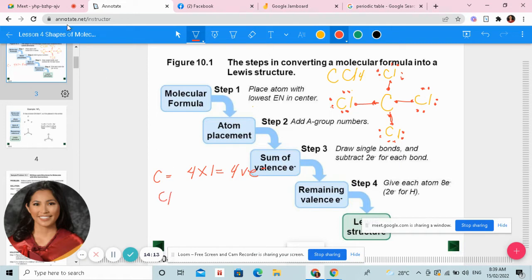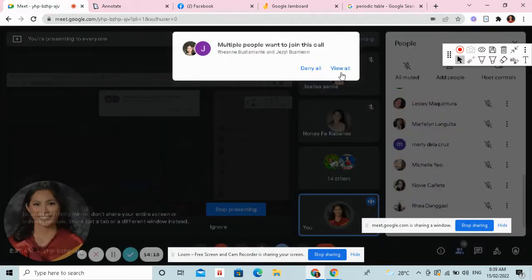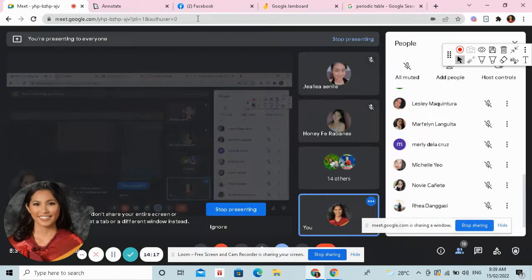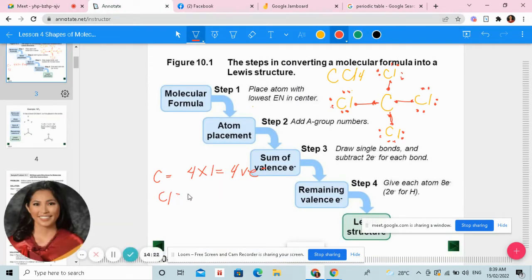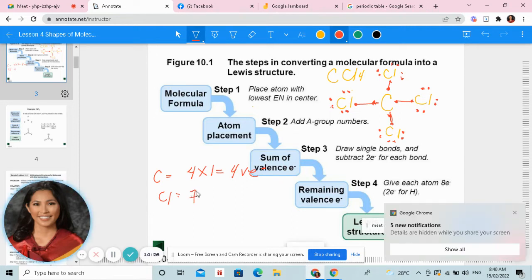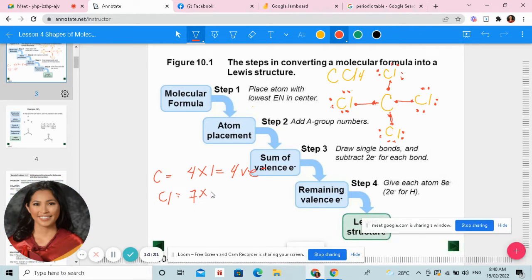Now for Cl, we have seven. How many atoms of Cl? Times 4, that is equal to 28 valence electrons. If you add these two, we will have 32 valence electrons.